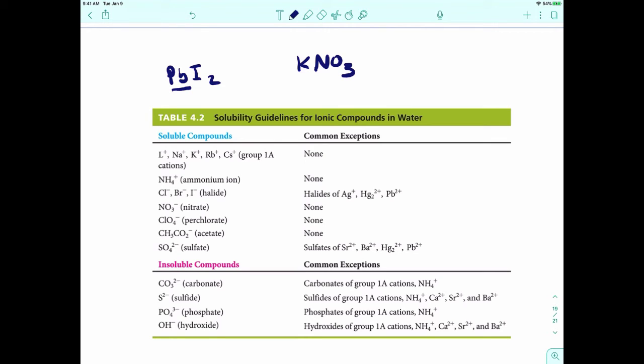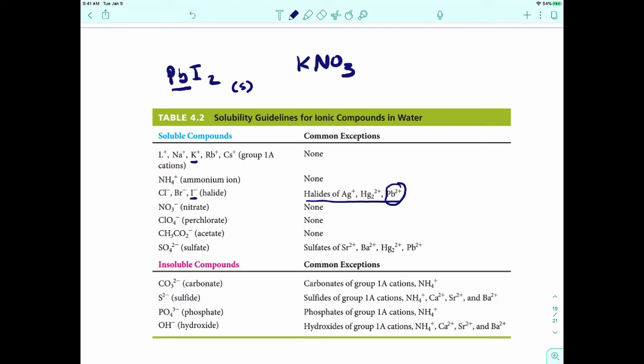So now we're looking to see where these ions fall on this chart. For instance, I minus is a halide, and halides are soluble except for halides of Ag+, Hg2 2+, and Pb2+. So right off the bat, this tells us that PbI2 is going to be insoluble. So that's going to be our solid. Now KNO3, we can take a look at this.